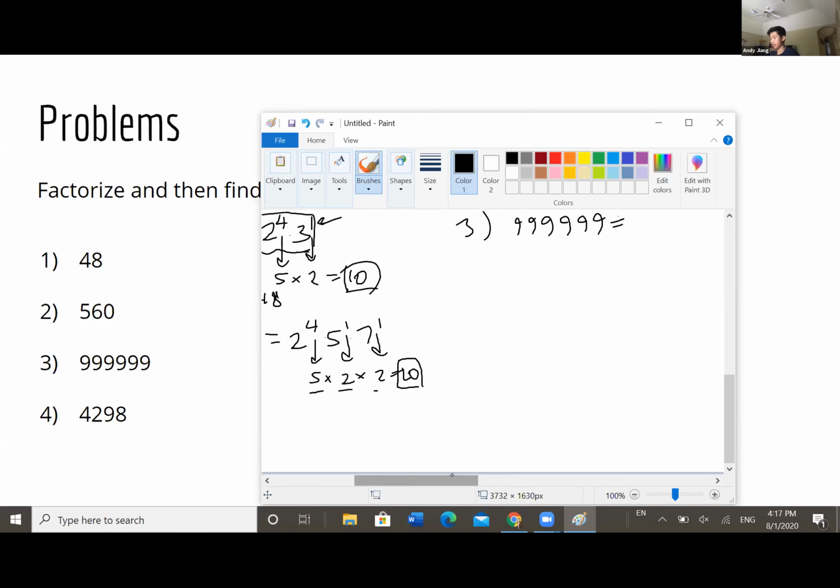Okay. Yeah, there's actually many ways to do this one. So you could do 9 times 111, or you could do 99 times 10101, or 999 times 1001.